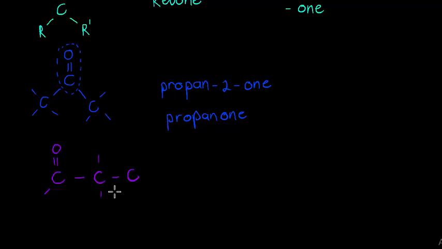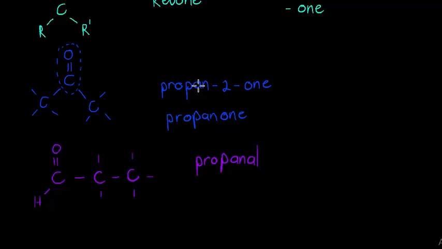So let's say it was like this. Okay, then this one would be hydrogen. All of a sudden, this is not a ketone anymore. Okay, this is now an aldehyde. This is propanal. Okay, this is propanal.